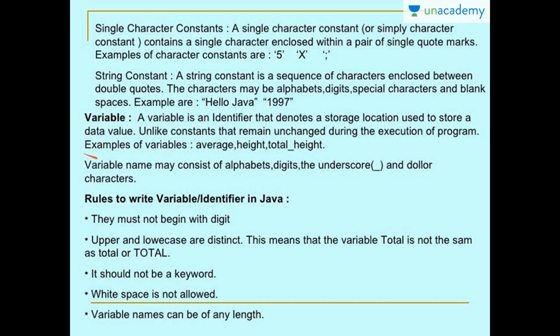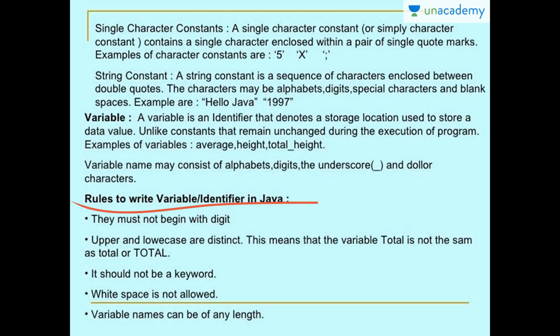Examples of variables can be average, height, total height. As I said, int a is also a variable. Other than that, if you store principal amount, that is a variable, time is a variable, year is a variable. There are so many variables in which you store the data.